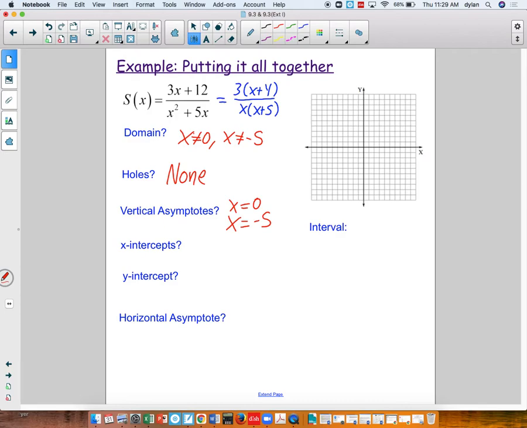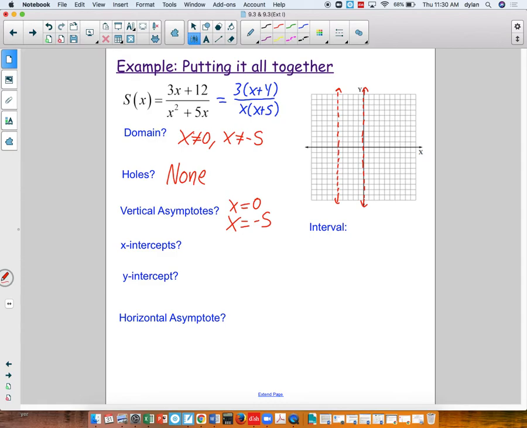So I'm going to draw those in first. 1, 2, 3, 4, 5. Okay.